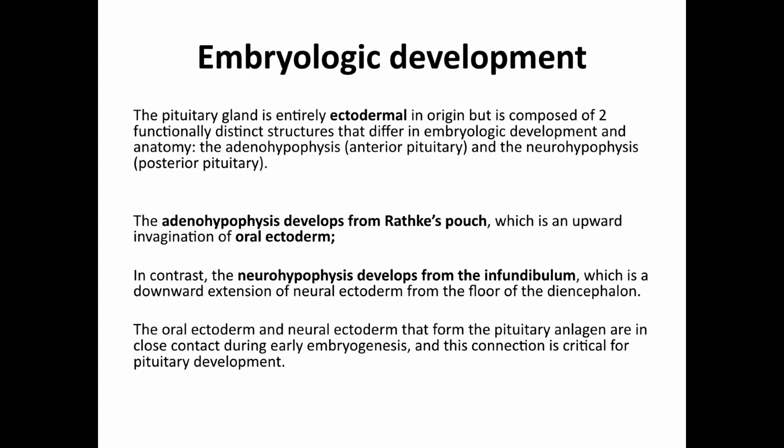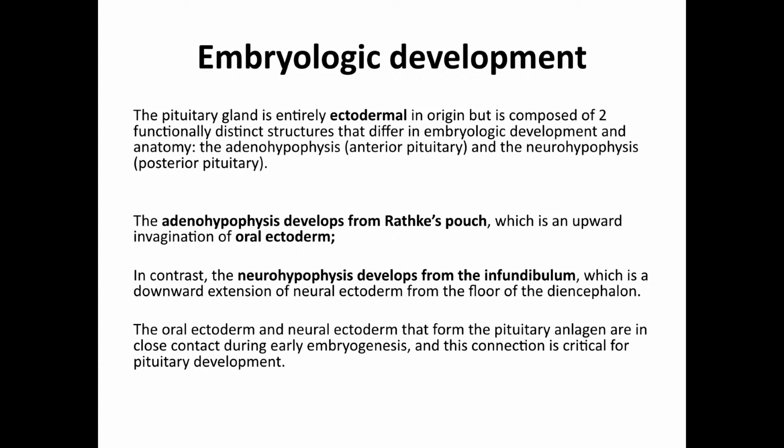To summarize, two things are crucially important: our whole pituitary gland is ectodermal, but the anterior part was created from Rathke's pouch, and the neurohypophysis was derived from the neural ectoderm, the floor of the diencephalon.